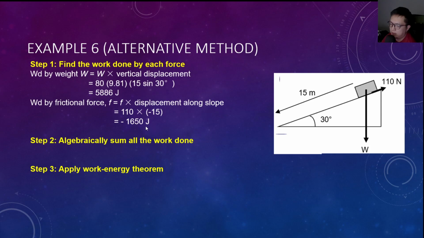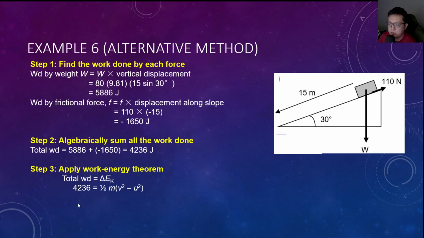I didn't write in the work done by the normal reaction force, but you can imagine that because it's at a right angle, the work done is 0. So I have the work done by these two forces, and now I just add them up algebraically, considering the sign. 5886 plus negative 1650 gives 4236 joules. Now I apply the work energy theorem: total work done is equal to the change in kinetic energy.